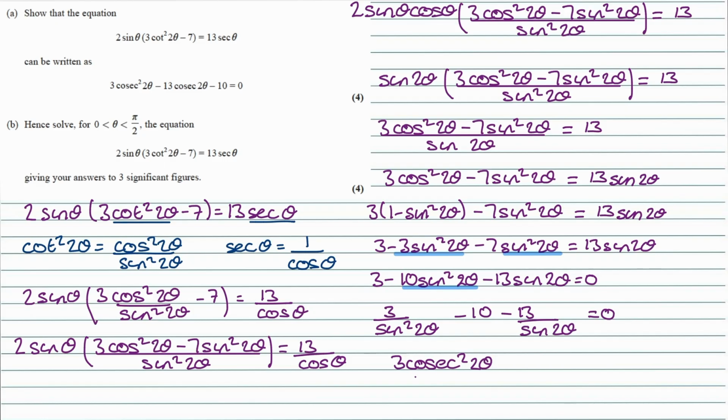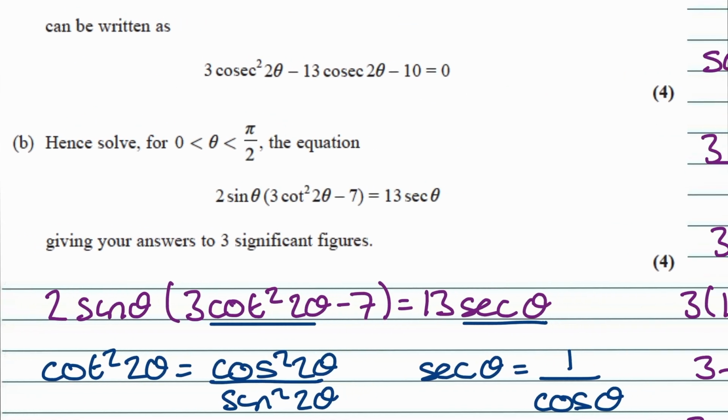So we get 3 cosec squared 2 theta minus 13 cosec 2 theta minus 10 equals 0. And this is what we were asked to show here. So that's part A.